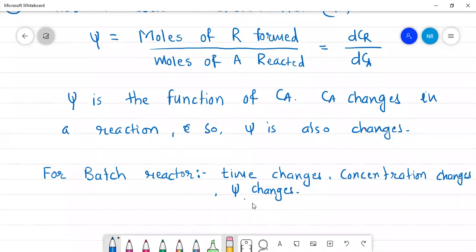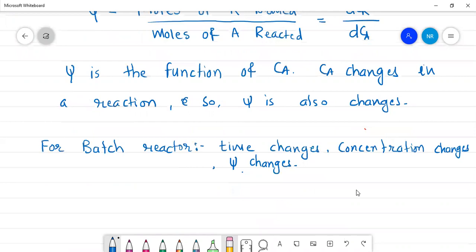So for a batch reactor, with respect to time psi changes. It means at 1 minute the instantaneous yield is different, at 2 minutes it is different, at 3 minutes it is different, at 4 minutes it is different.